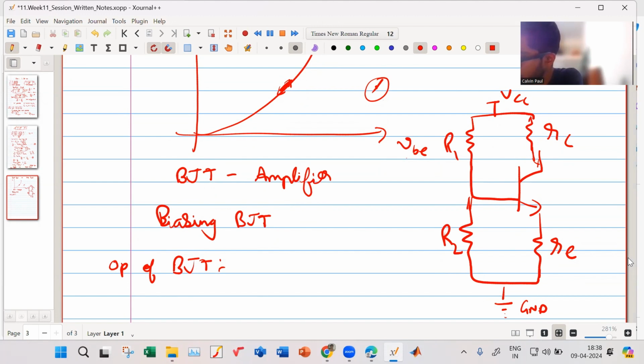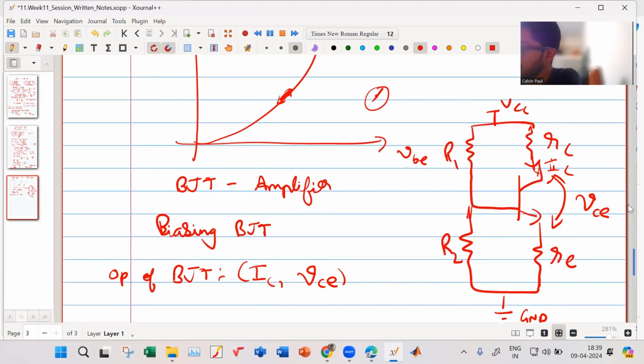BJT will have characteristics with saturation, cutoff, and active regions. This operating point will tell us where it is exactly falling, whether in the cutoff region, saturation, or active region. Your operating point is how much is your IC and how much is your VCE, right?